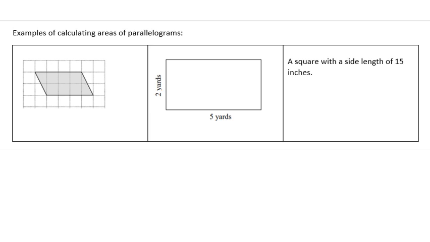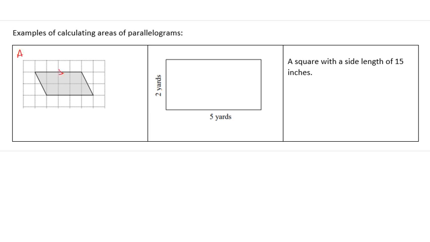So let's do some examples of problems you'll see, to reinforce how to calculate the area. This is a prerequisite skill to help us build up so that when we get to surface area, we have a better idea of what we're doing. First example, I'm going to call it A. I have a parallelogram.